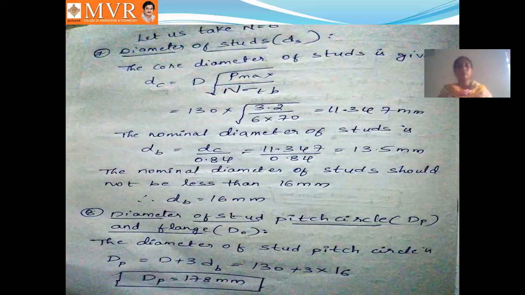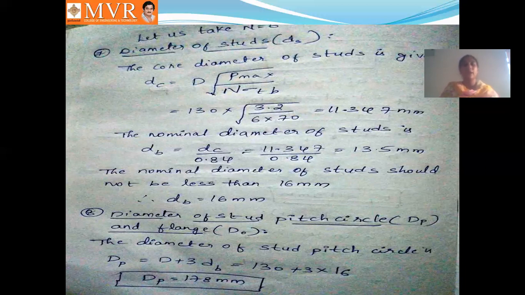DC we already found out, the core diameter of studs, 11.34 by 0.84 is equal to 13.5 mm. Okay, see, the nominal diameter of stud should not be less than 16 mm. Means dB is equal to 16 mm.